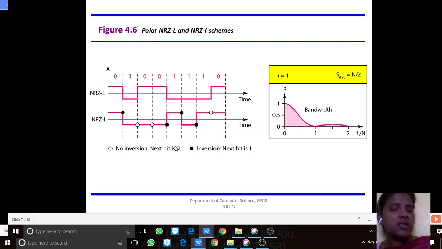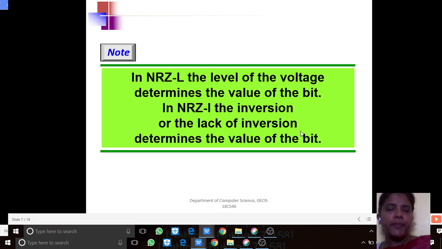This is for NRZ-I. And the bandwidth here: the average baud rate is N by 2, where N is the data rate. Okay, we have two intervals of frequencies there.